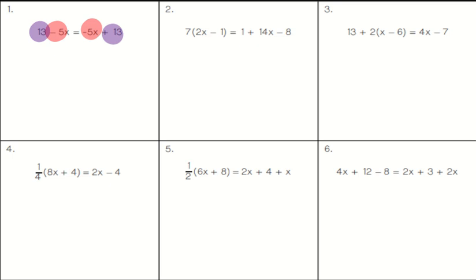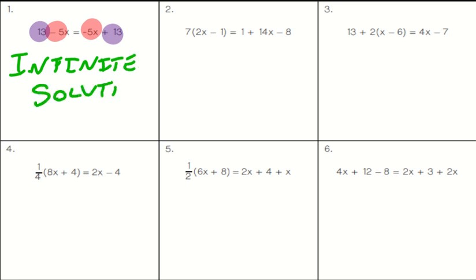So if I have same coefficient, same constant, I'm going to put it as infinite solutions. All right, everybody see how it works? Did I do a whole lot of math? Just look at the answer choices.